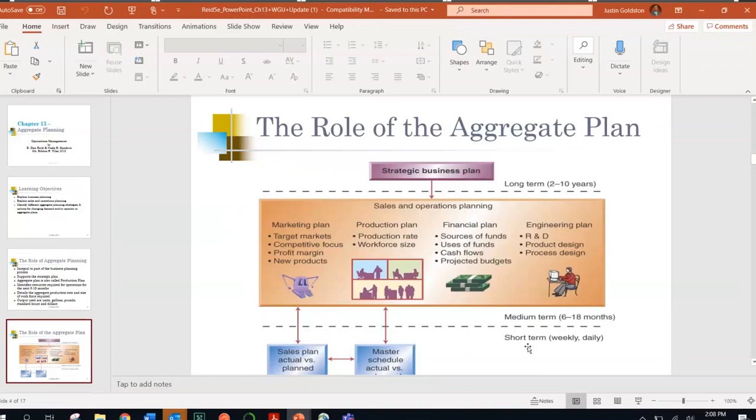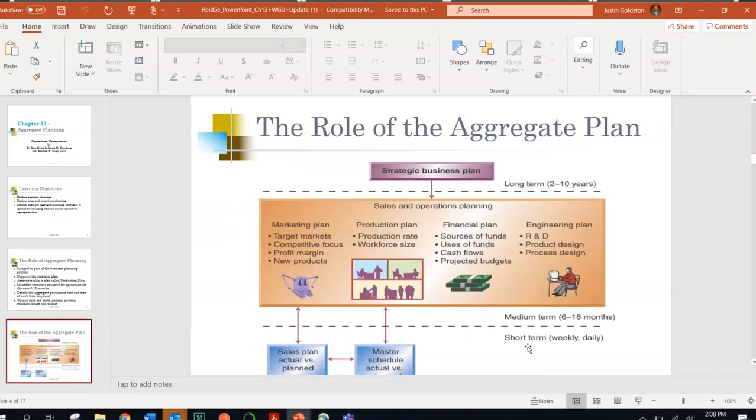To provide you with a high-level overview of sales and operations planning, it is the collaboration of departments within the organization so that we are all on one accord in terms of identifying the budget that should be allocated to produce the product or service. We are on the same page in terms of the inventory that we should carry.